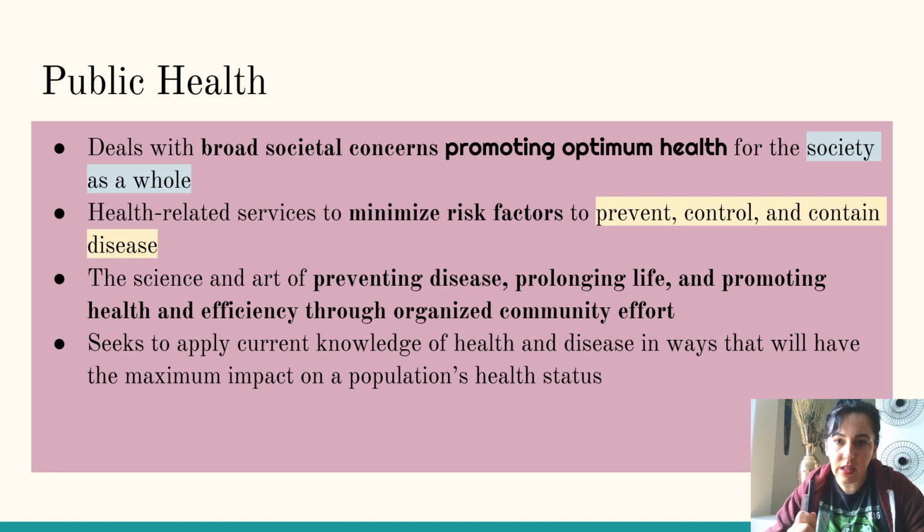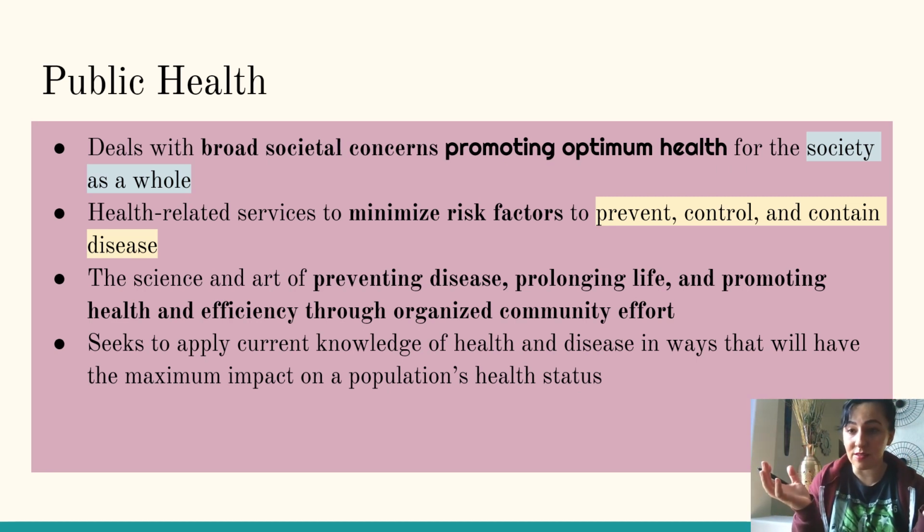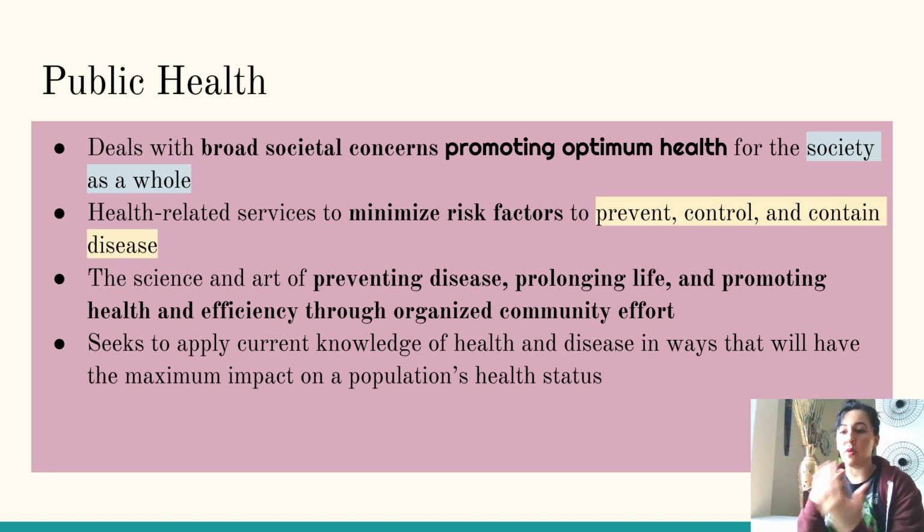So public health. Public health deals with the populations. It does not deal with one-on-one time with a physician and a patient. This is populations. Think about what's going on now. With the social distancing, we're taking preventative measures to minimize risk factors of spreading this disease.